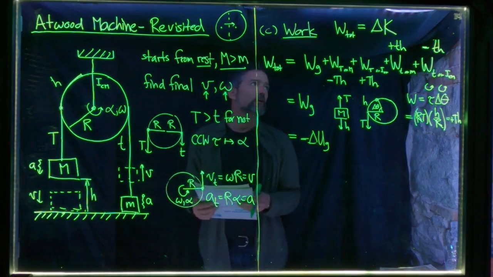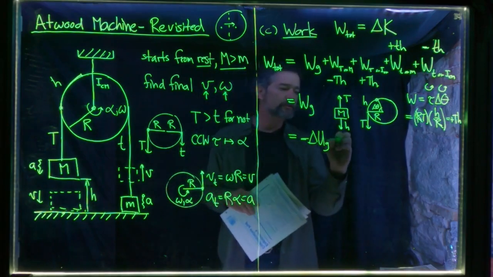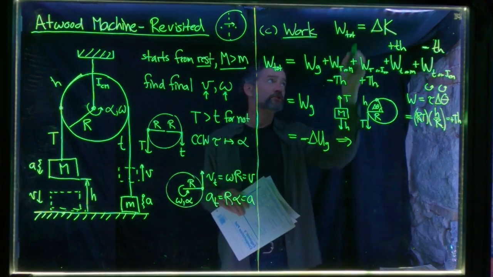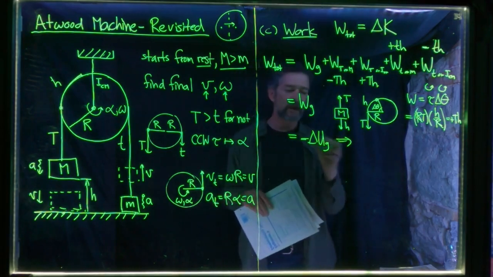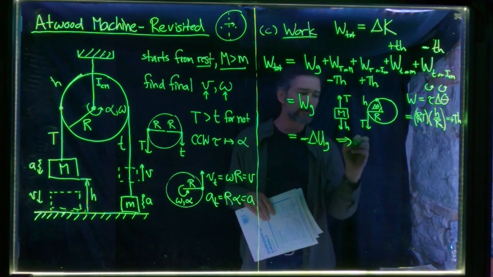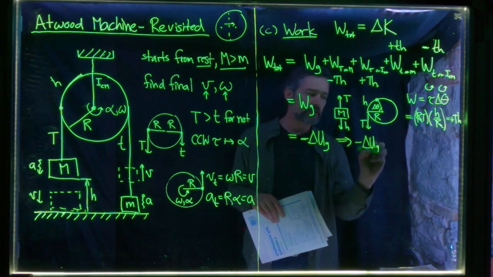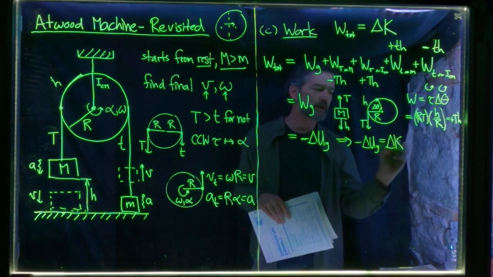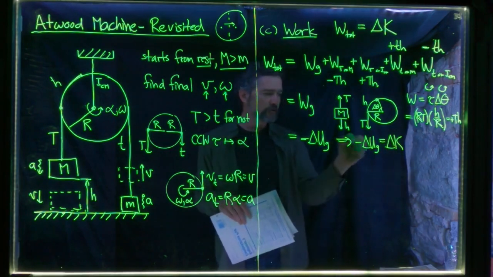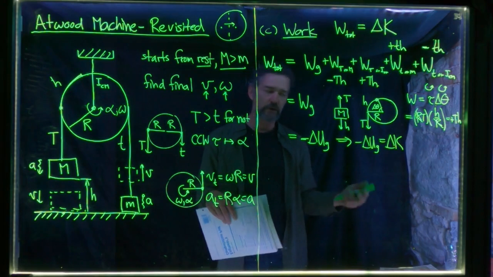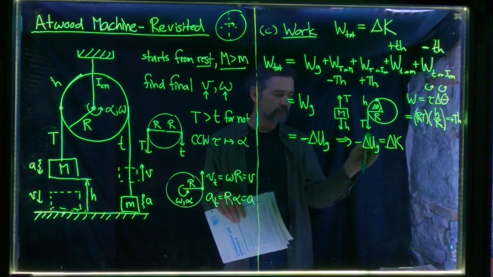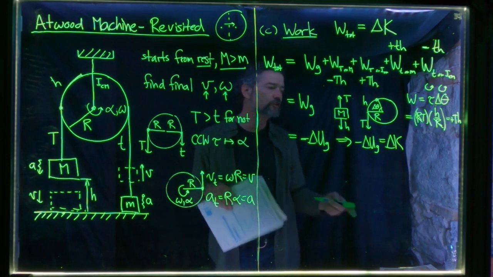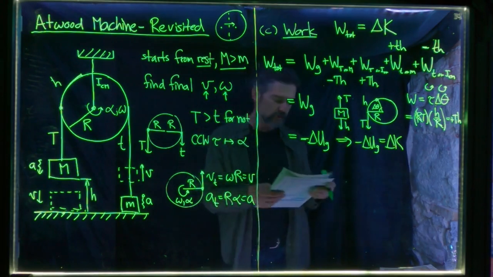So what we end up with is, work total is change in kinetic, and the work total, we just worked that out, is negative delta change in the gravitational field energy. Well, that's equal to delta kinetic. So the gravitational field energy went down, delta U gravity is negative, the negative of negative is positive, which is the positive change in the kinetic energy of all three of these objects in motion.